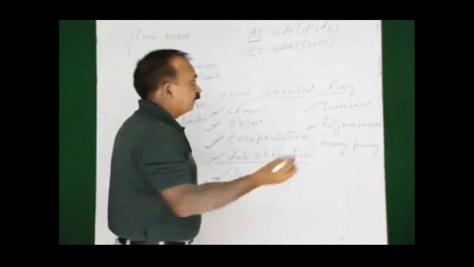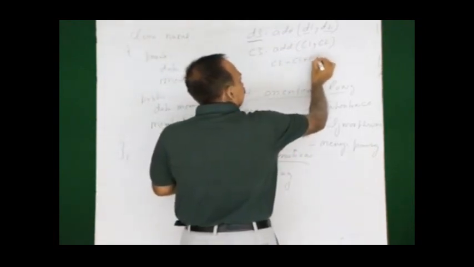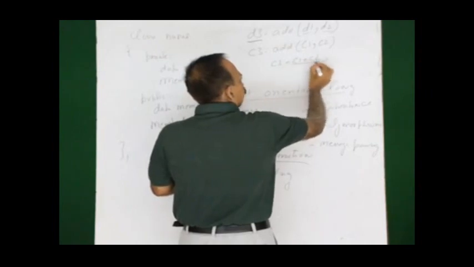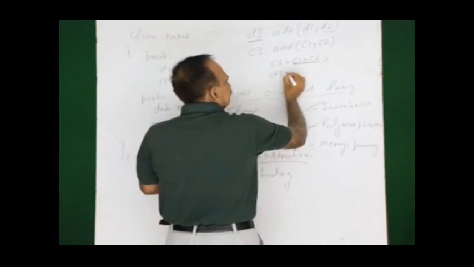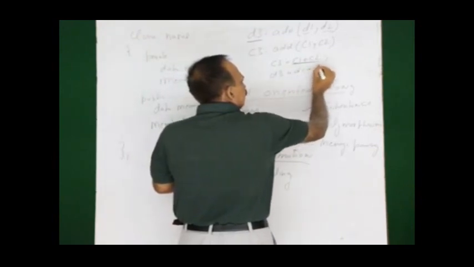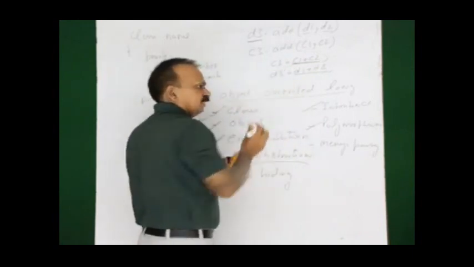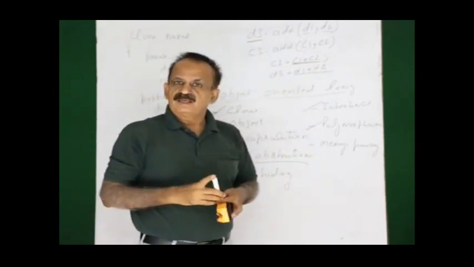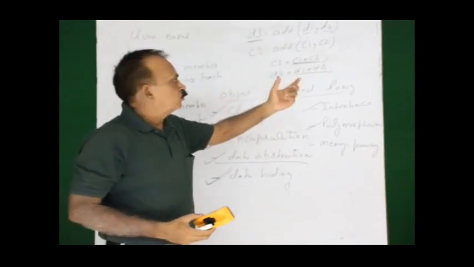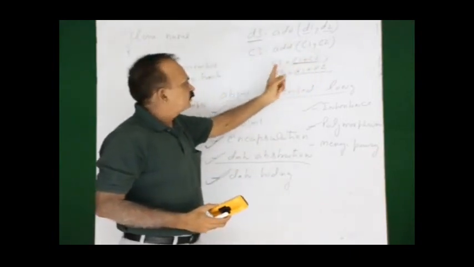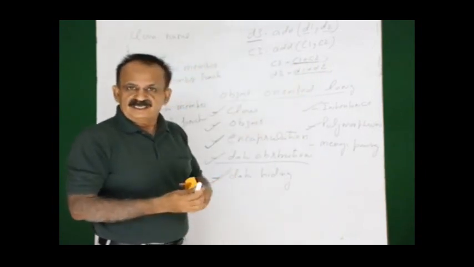the addition of complex numbers. If I write C3 = C1 + C2, that means I want to add two complex numbers and store the result in the third. And if I say D3 = D1 + D2, I want to add two distances and store the result in the third distance. Both statements seem similar.